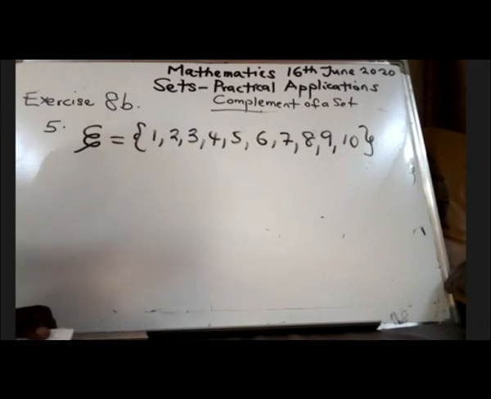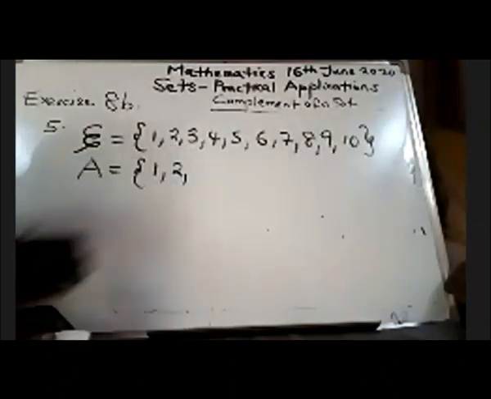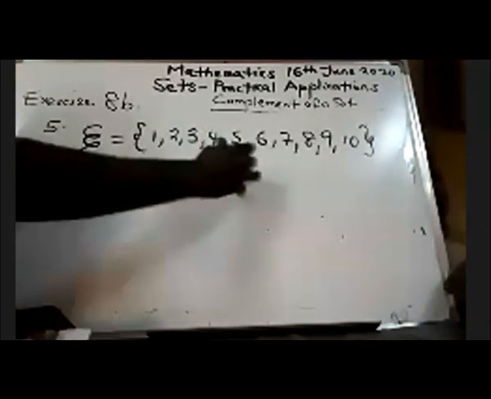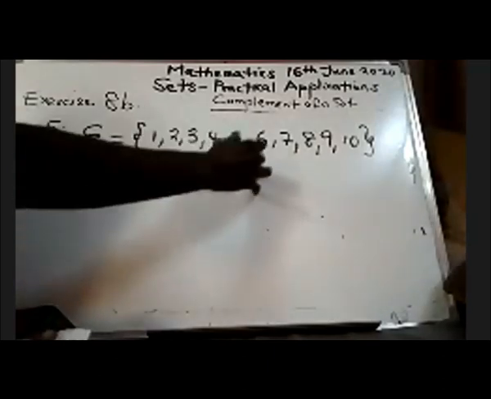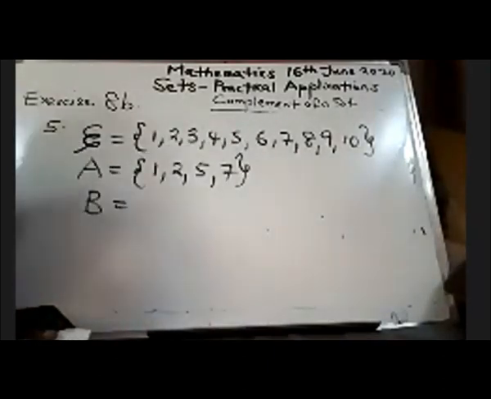All right. The question says A is giving us this: 1, 2, 5, 7, and B is giving us another set.